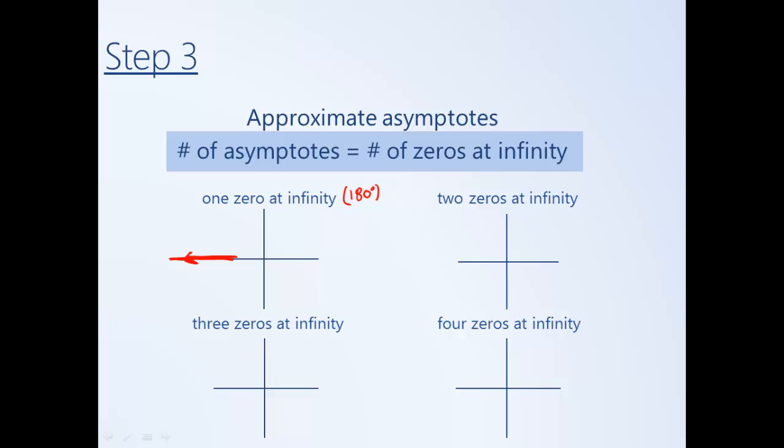So when we have 1 zero at infinity, it'll always go to the left along the real axis. When we have 2 zeros at infinity, we'll have one asymptote going to plus 90 degrees and one asymptote going to negative 90 degrees. So we'll have something like this.